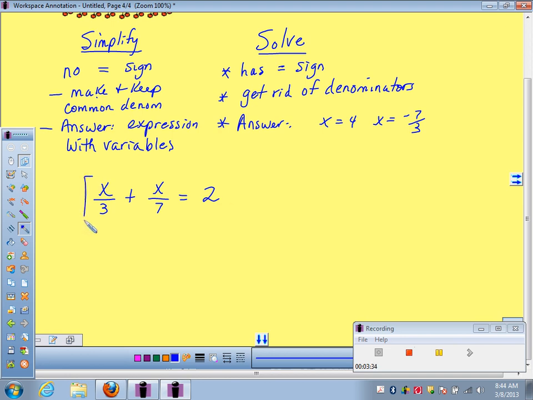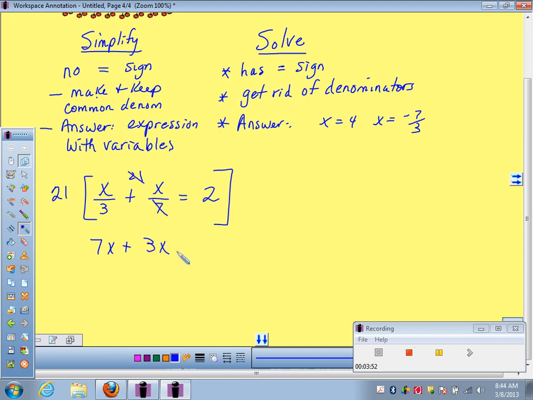So we take this whole thing times 21. On the first fraction, the 3 canceled into 21, and you were left with 7x. When you take 21 times the next fraction, the 7 cancels, and you get 3x.